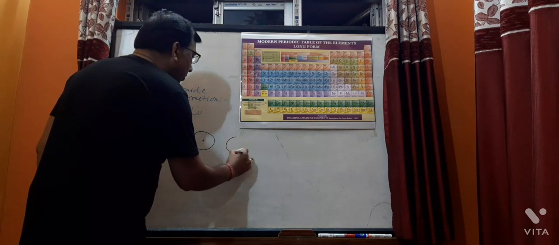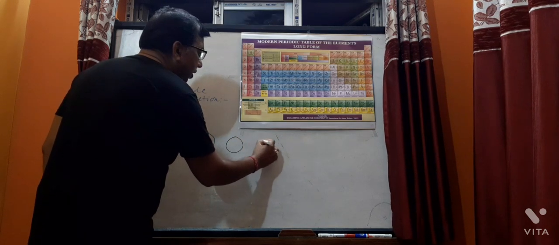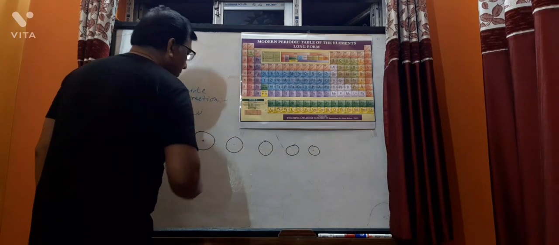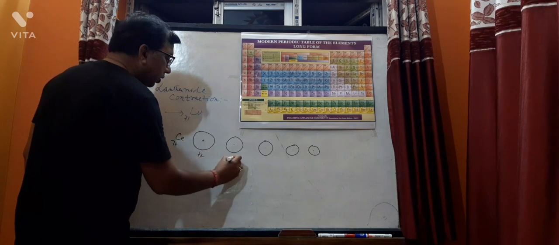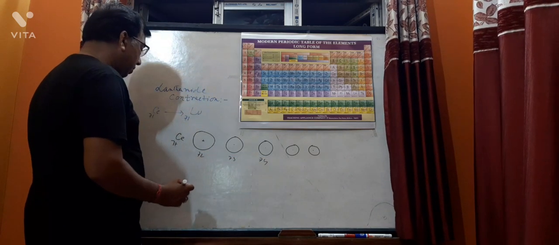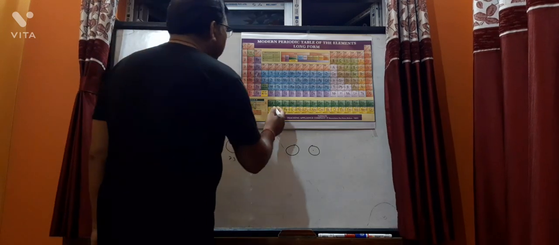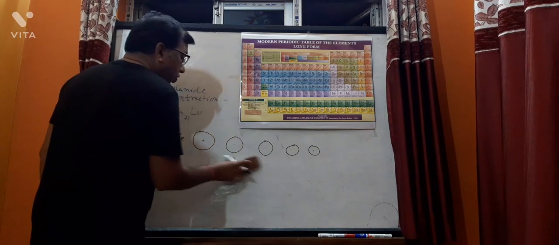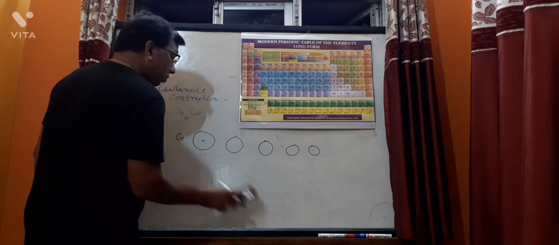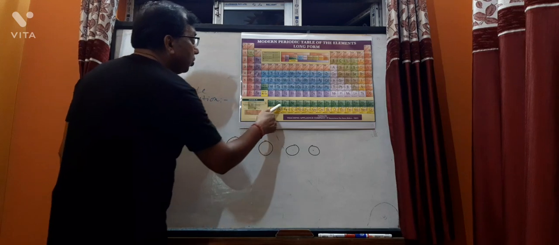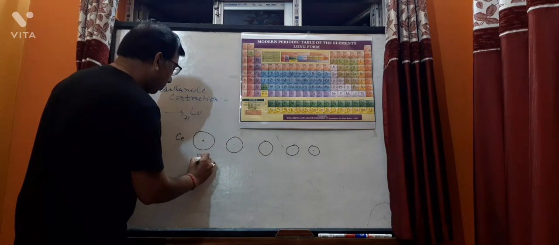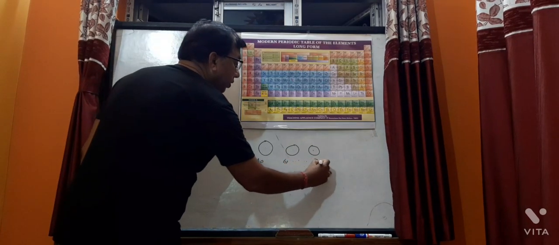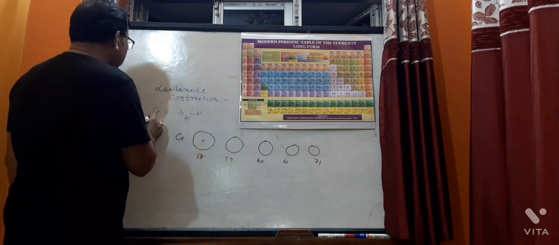The size of the atom gradually decreases. 58, 59, 60, 61, up to 71.